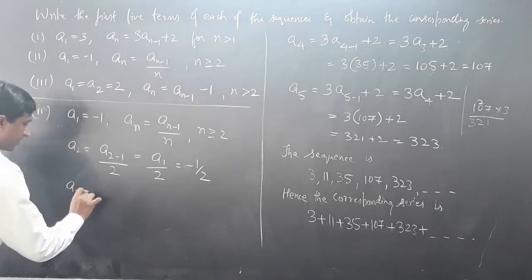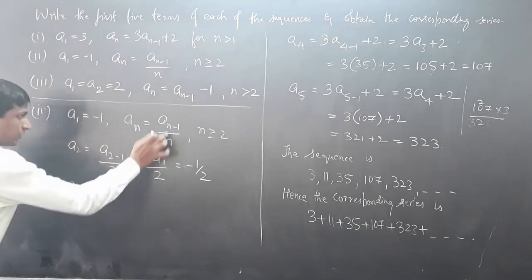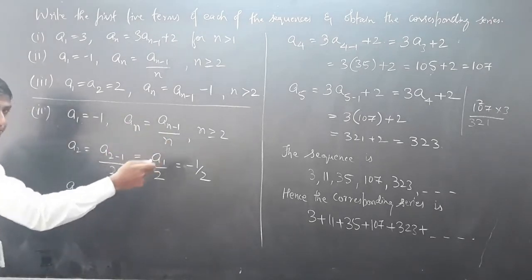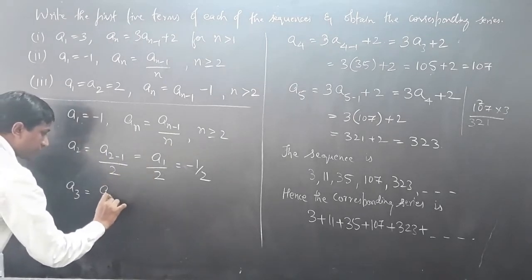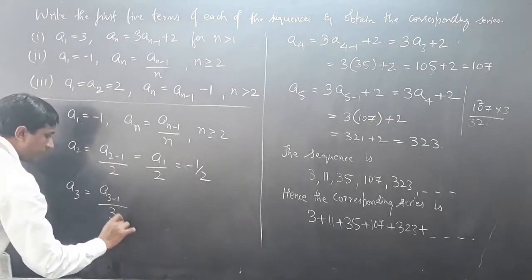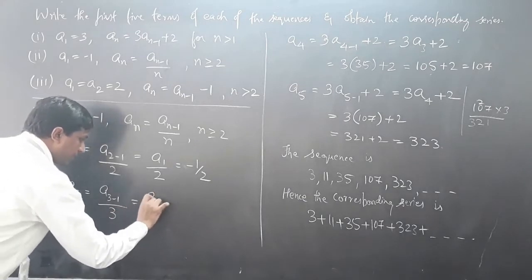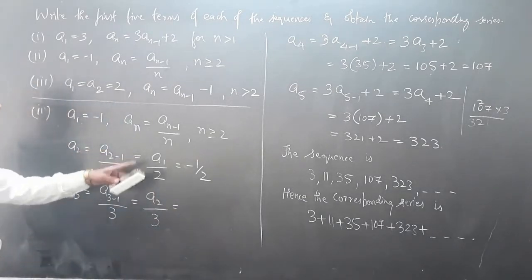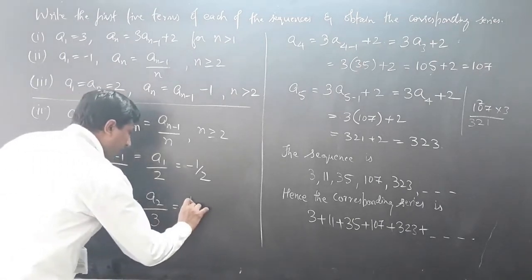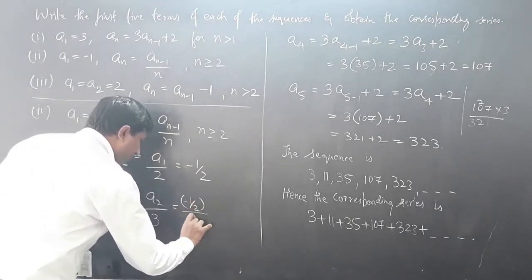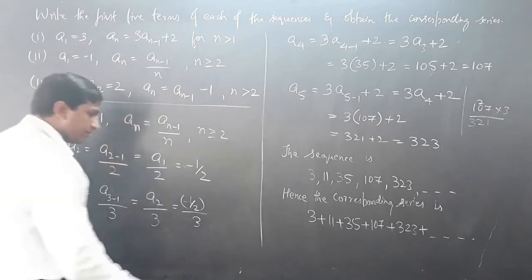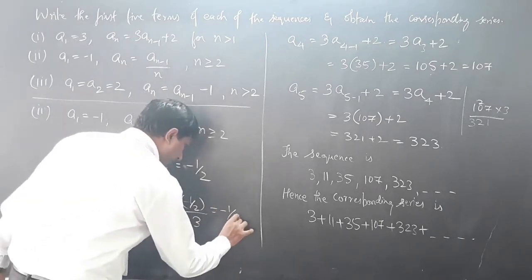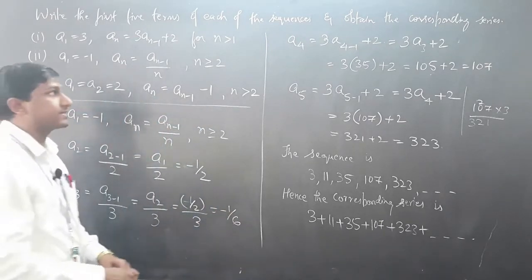The third term a_3, using the same formula repeatedly, is a_(3-1) by 3, which is nothing but a_2 by 3. a_2 we calculated to be minus 1 by 2, whole divided by 3. This is nothing but minus 1 by 6.